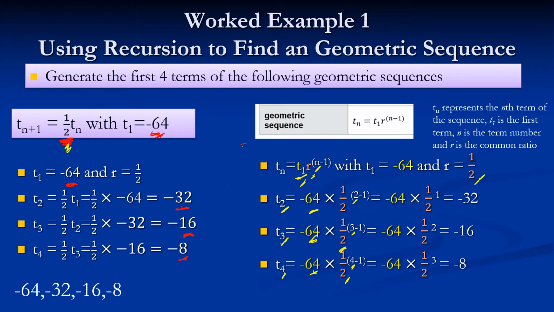Now a half of a half is a quarter. A half of a quarter is an eighth. So what we're really saying is negative 64 times 1/8. And so that's going to be negative 8. And you can see that we've ended up with the same sequence. So here's our first term, here's our second, third and fourth term.